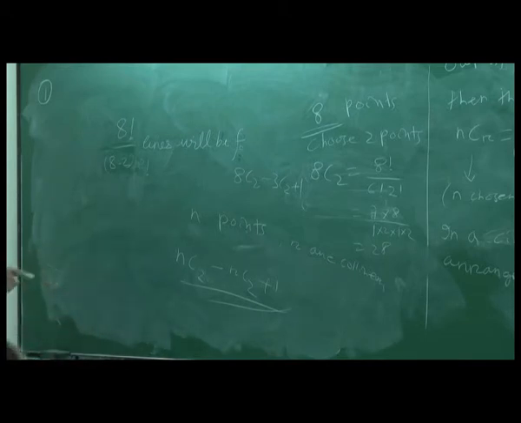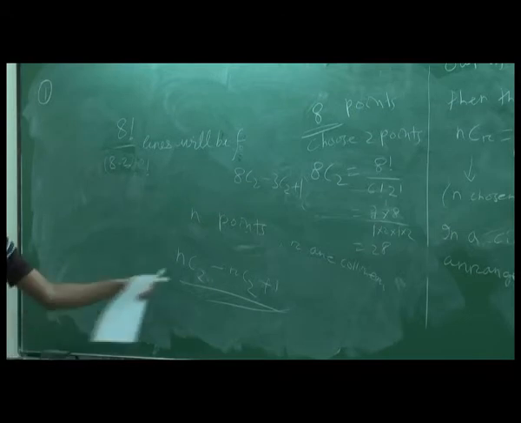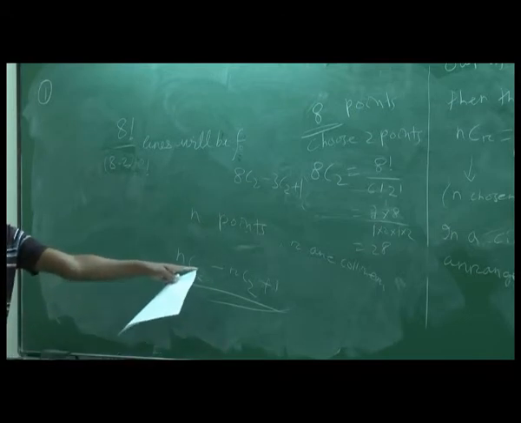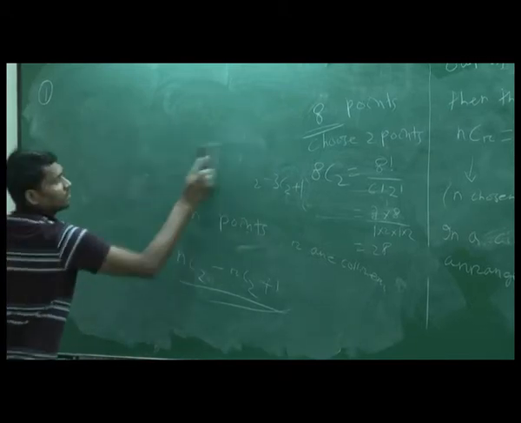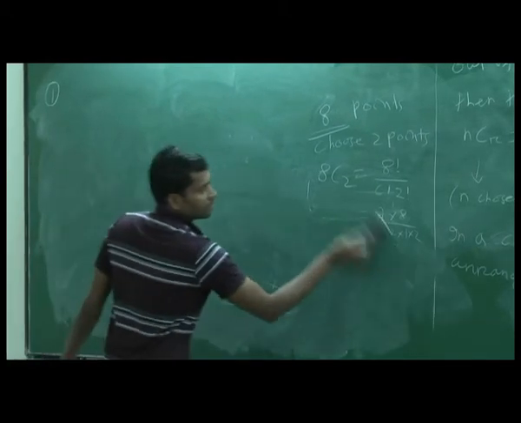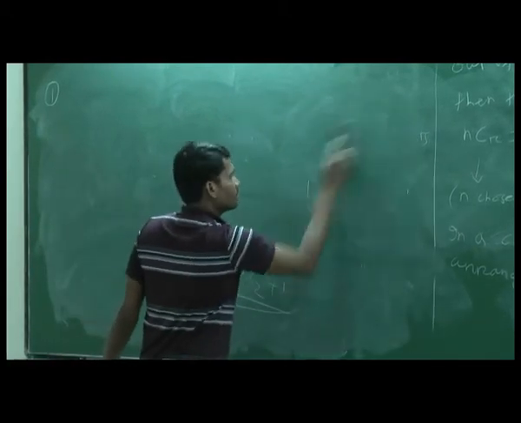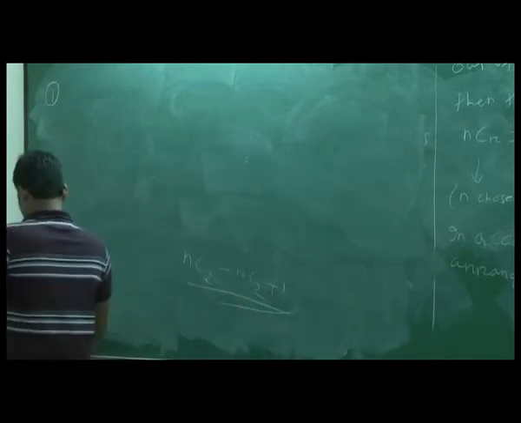Out of n points, if r are collinear, then we can make nC2 minus rC2 plus 1 number of lines. So for problem 1, any particular problem you can do: instead of 8 points, 10 points, 15 points, 100 points, and instead of 3, any number you can give. So this is the general formula you can use.